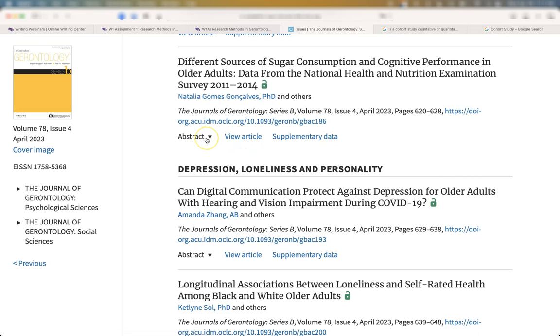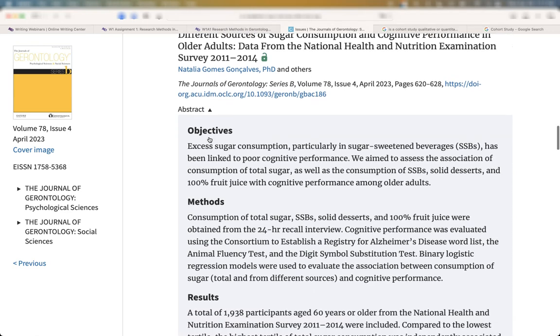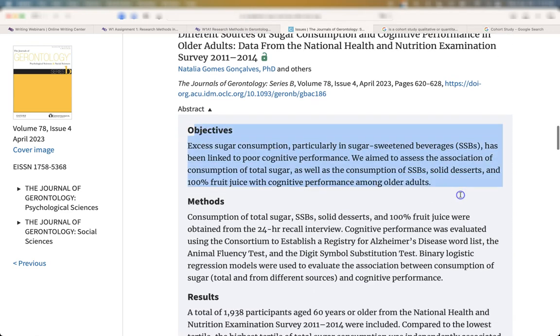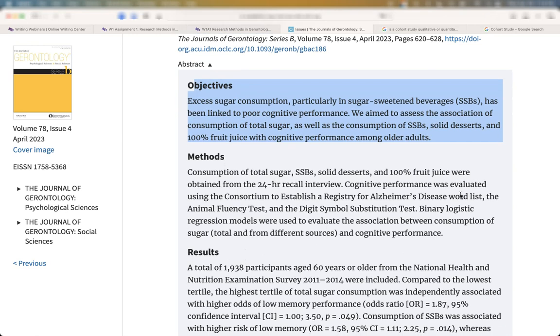And as before, I recommend the first thing you do is look at the abstract. And we're not probably going to find it in the objective section. It's the methods, the shorthand for research methods, where we'll find what was being done. And we can see they used interviews, 24-hour recall interview. So they interview people and ask, what did you eat in the last 24 hours?